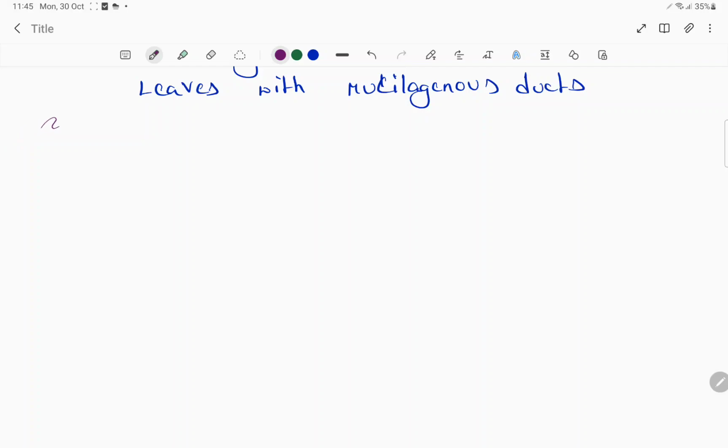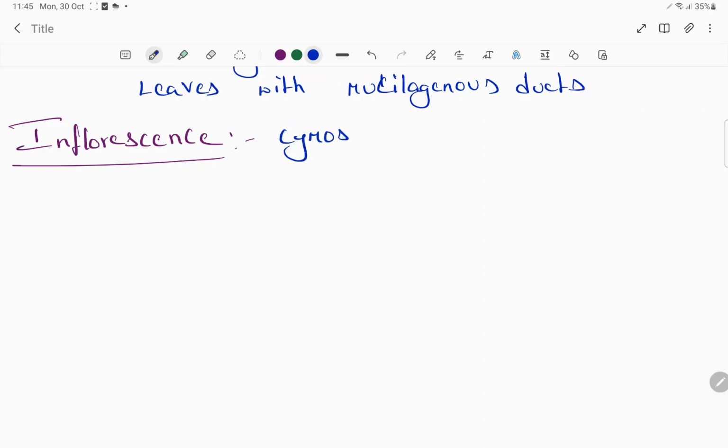Coming to the next, inflorescence. Cymose.